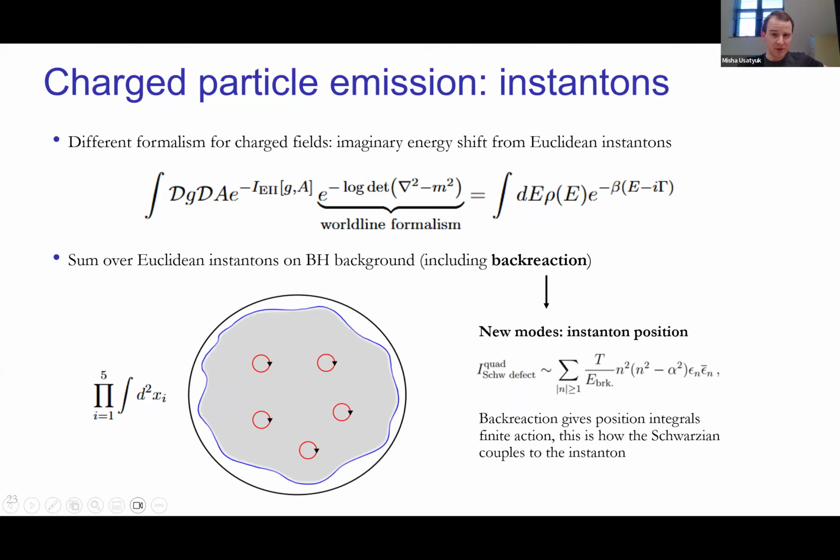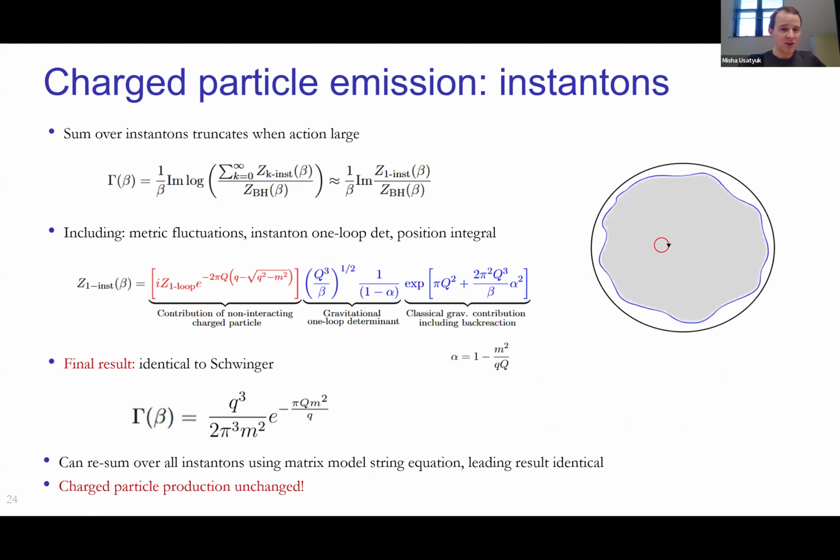There's some Euclidean instanton calculation we can perform to evaluate this logarithmic determinant. And I won't bore you with the details, but the final answer is that at very low temperatures, we can extract the imaginary part of the energy, which gives us the rate of decay of these states.